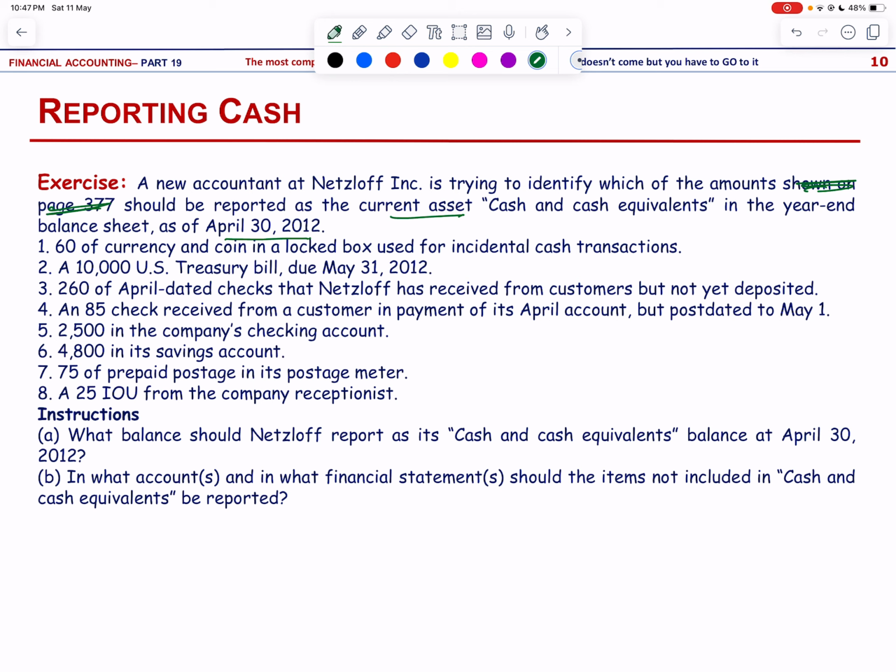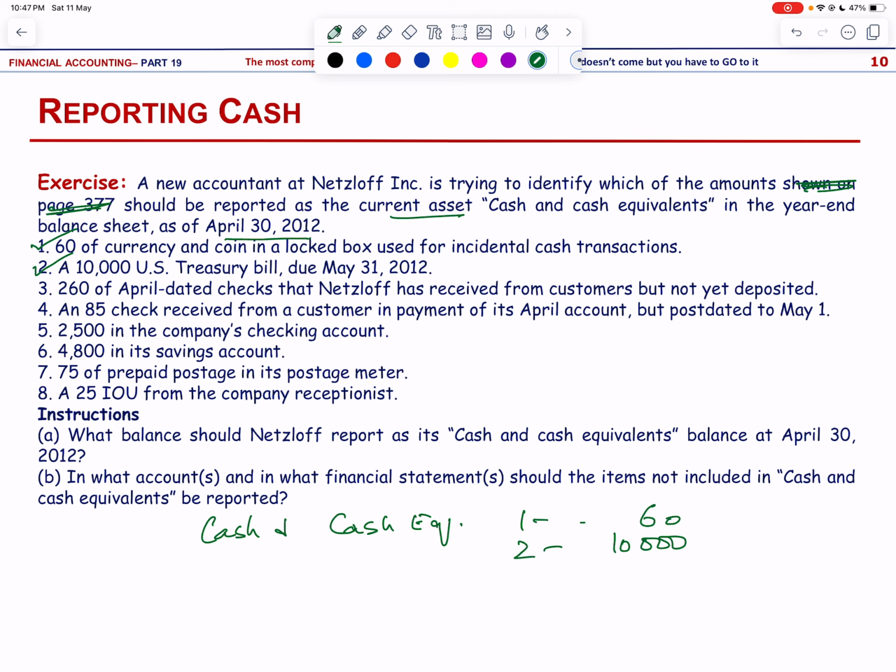So when we talk about cash and cash equivalent, so 60 of currency and coin in a lock box. So obviously this is cash and cash equivalent, that is 60, number 1. Then a 10,000 US Treasury bill, that is also cash and cash equivalent of 10,000, that is number 2.